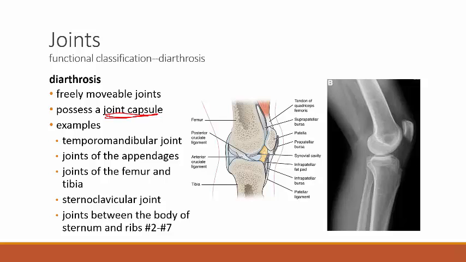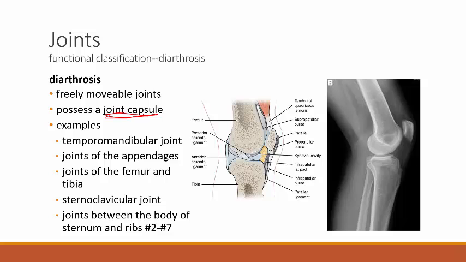The temporomandibular joint, that's the joint at the mandible and the temporal bone of the skull that allows the lower jaw to both descend and to ascend, is a diarthrotic joint. All the joints that are found in the appendages are diarthrotic.